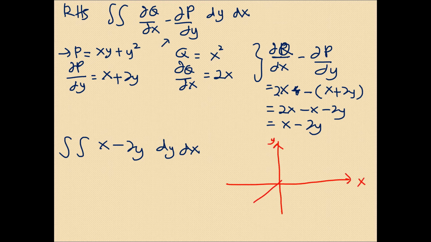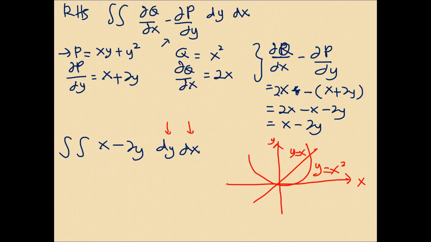We have two curves which are close to each other. This is y equal to x squared, and this is y equal to x. We want to choose dy dx, so determine the limits of y first. Listen here: which curve is below the other?